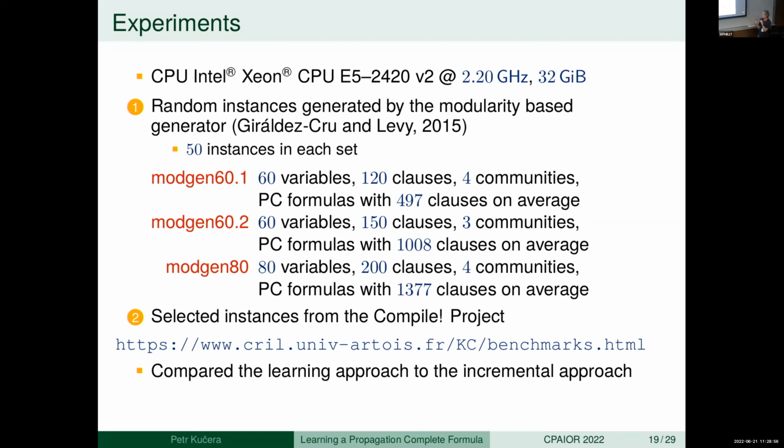It's not usable on big formulas, and the formulas from this set are quite big. If we are lucky, we succeeded on some of these formulas, but most of the formulas in here are quite out of reach. That's why we also considered random formulas, but to introduce some structure, we used a modularity-based generator that introduces some community structure.